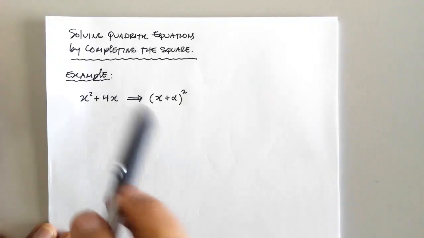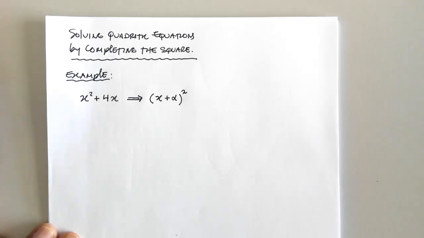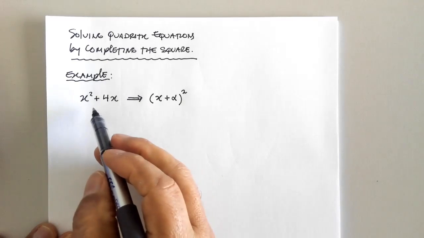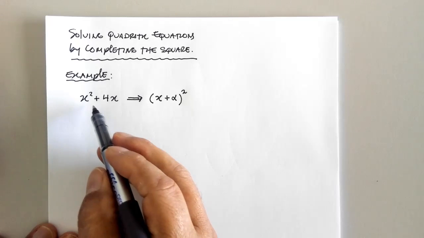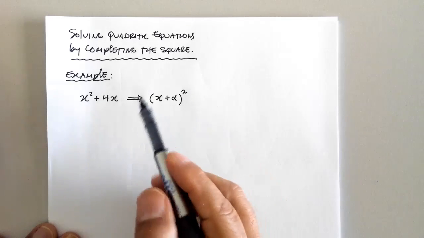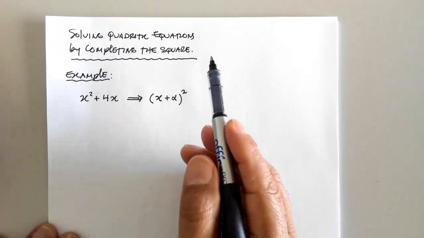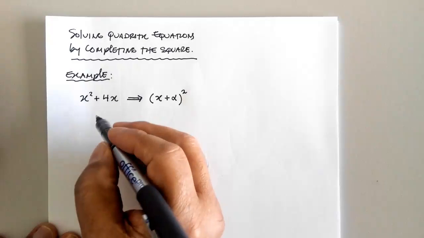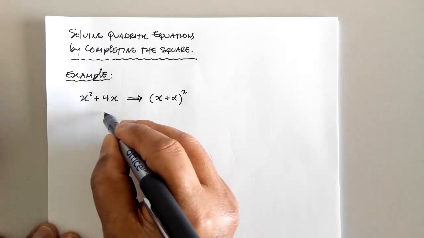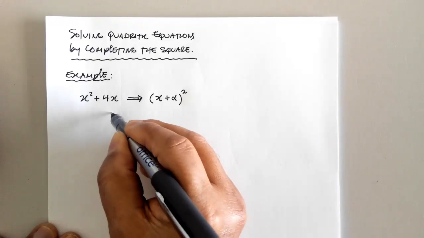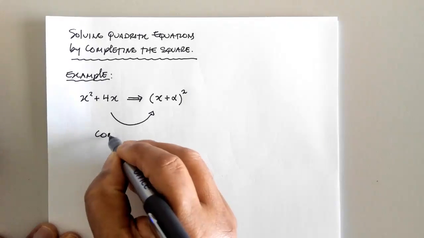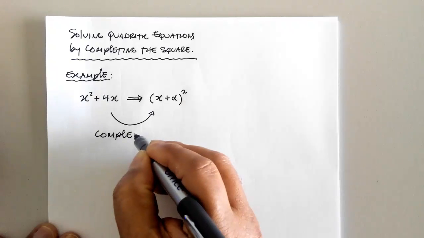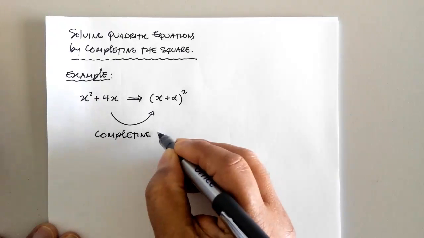I really want to go from here to here. The process of going from here to here is called completing the square.